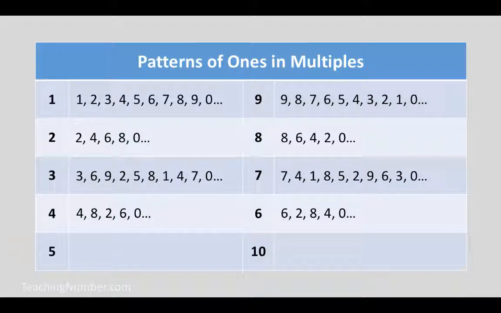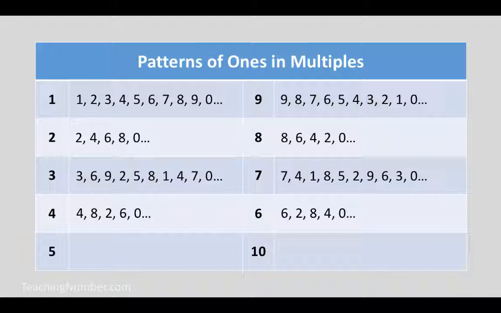Finally, we have seen that the pattern of ones in multiples of 9, 8, 7, and 6 is the reverse of the pattern of ones in multiples of 1, 2, 3, 4. Because the decimal number system uses 10 digits, whenever we get to a 10, we unitize and mark 0 ones, then we repeat starting at 1.